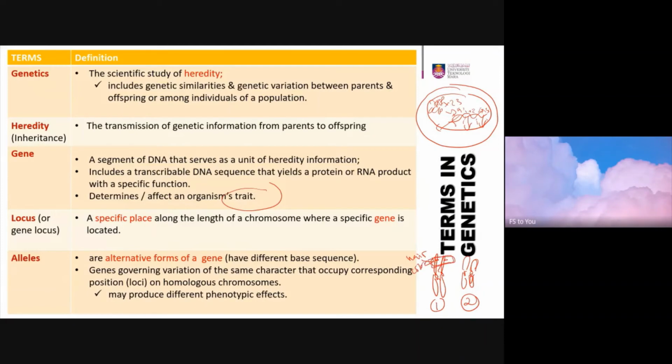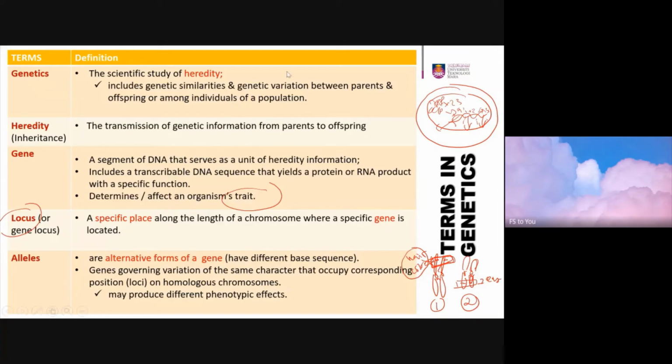So position dia dekat kromosom 1 yang bahagian atas sister kromatik ni. Okay. So dia adalah location dia, locus kita panggil dia. Kat sini maybe ada gene untuk control your eye color for example. Okay, so the position of the gene along the chromosome we call it as locus. Okay, specific place for a gene along a chromosome.